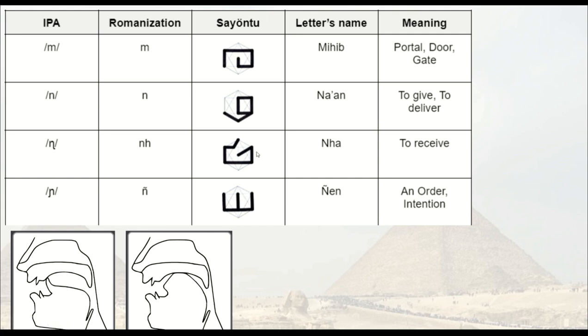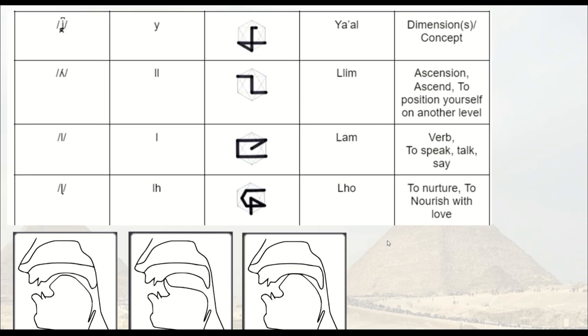So n, which means to receive, and ny, where the back of the tongue is located on the hard palate itself. So ny, and this means order or intention.